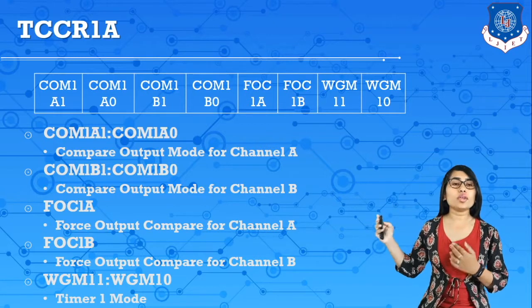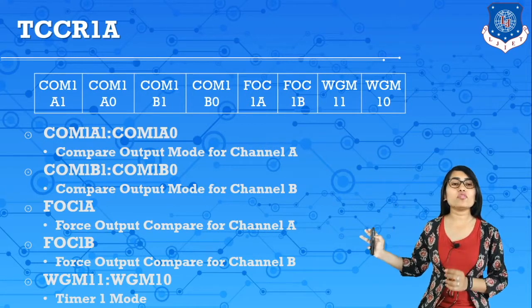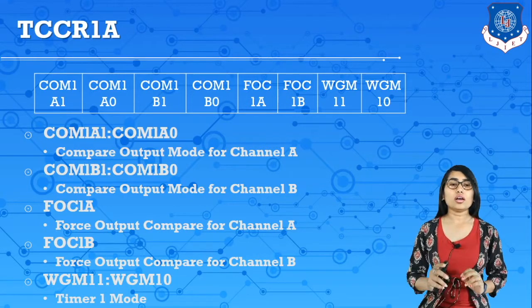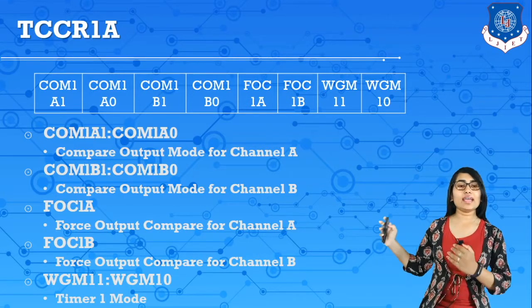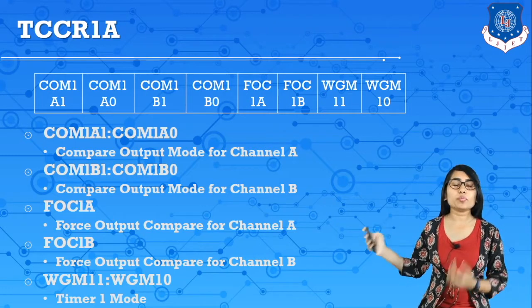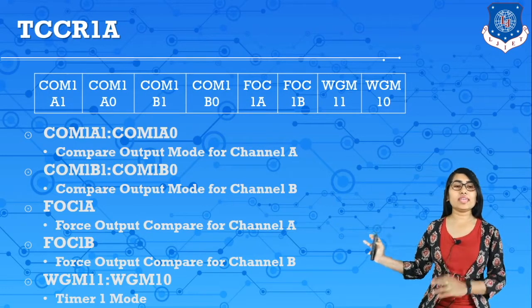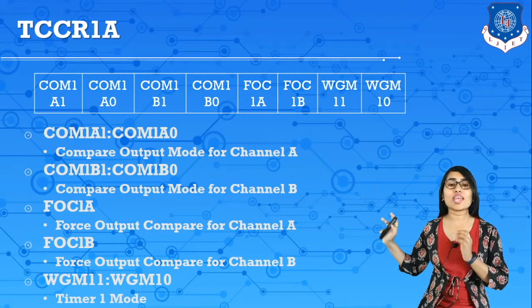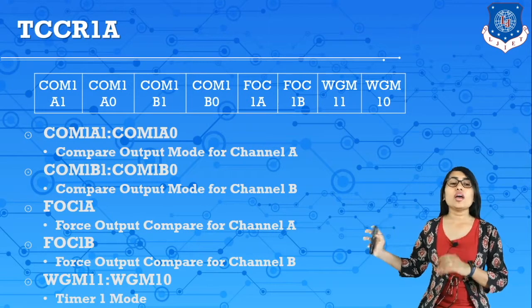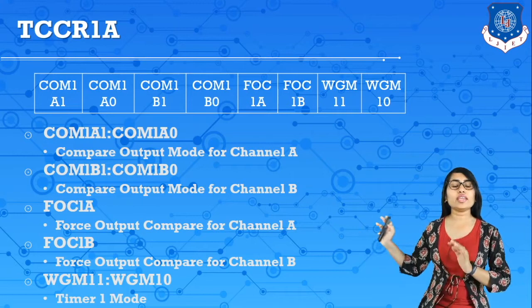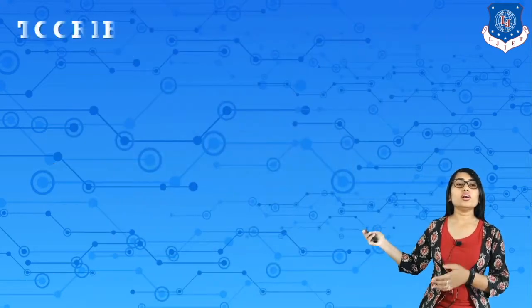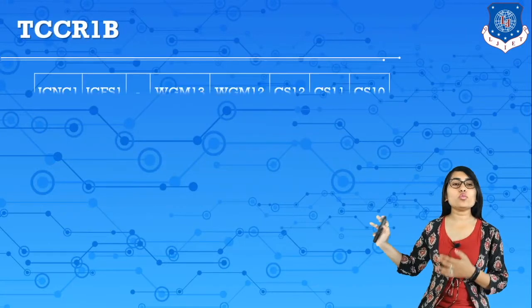COM1A1 and COM1A0 are the compare match output bits for channel A, and the next two are for channel B. Then FOC1A and FOC1B force output compare for channel A and channel B, and WGM11 and WGM10 are for the timer 1 mode. Next is TCCR1B.